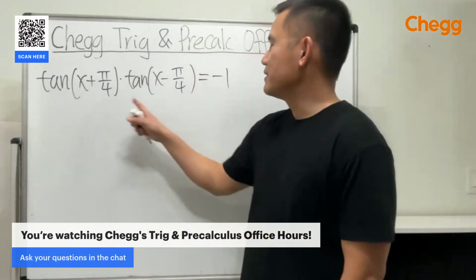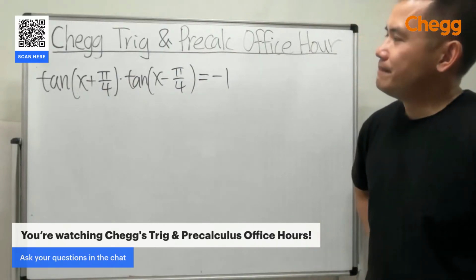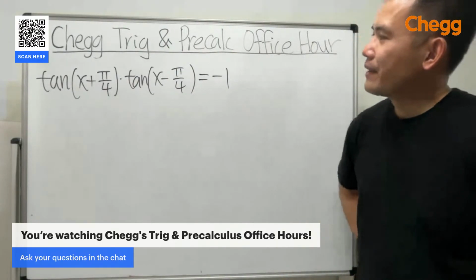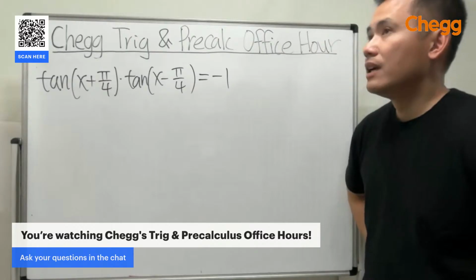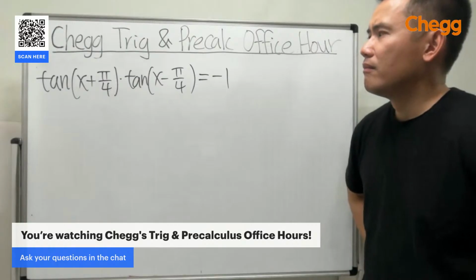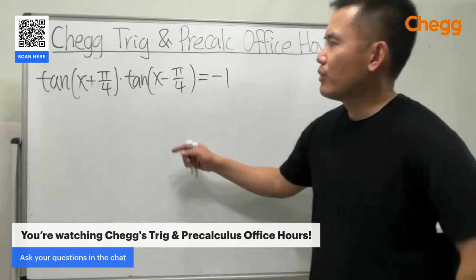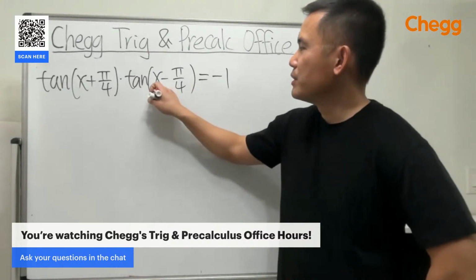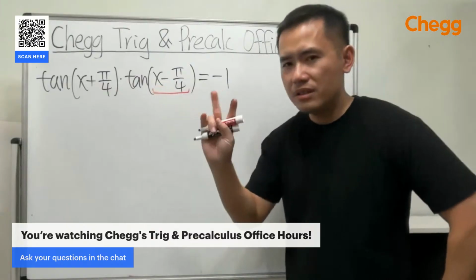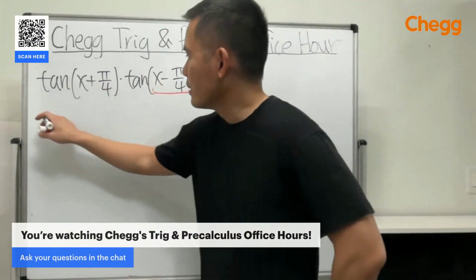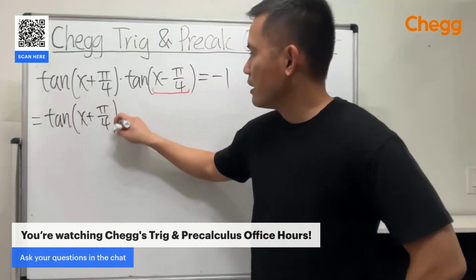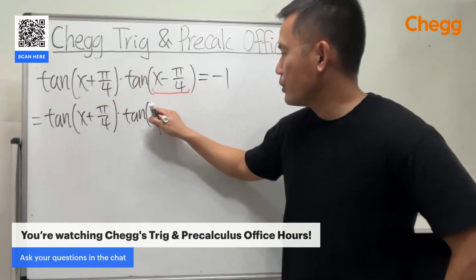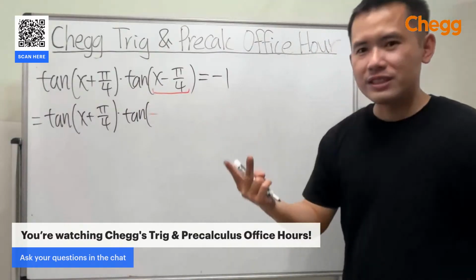Okay, so we're going to prove that this is equal to -1. This right here looks kind of suspicious, so I'm going to switch it. This, I will just keep: tangent of x plus pi over 4 times tangent, and I'm going to factor out a negative and then switch the subtraction.